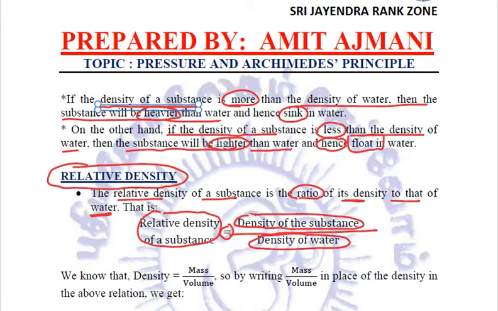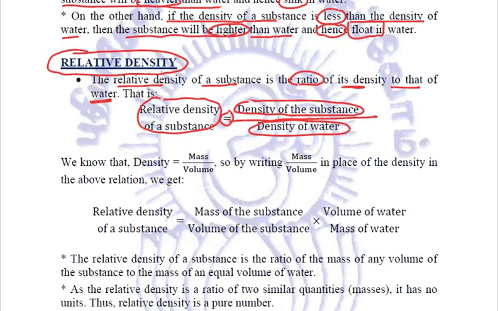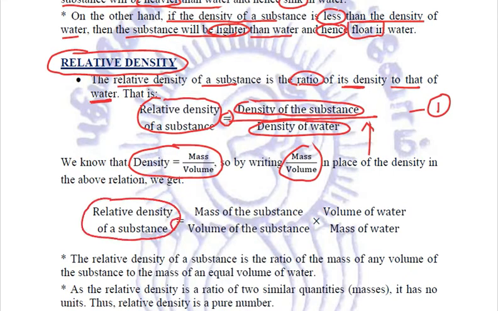Now above we have just studied the formula for density. Density is calculated by the formula mass per unit volume. So we can simply write mass per volume in this above equation, let us say equation 1. So now the formula becomes: relative density of a substance is equal to the mass of the substance divided by the volume of the substance, multiplied by the volume of water divided by the mass of water.